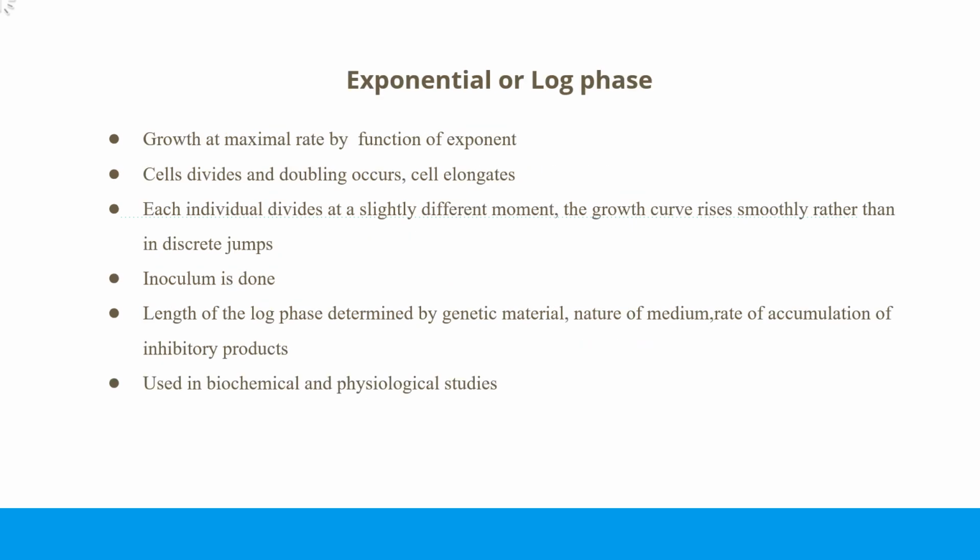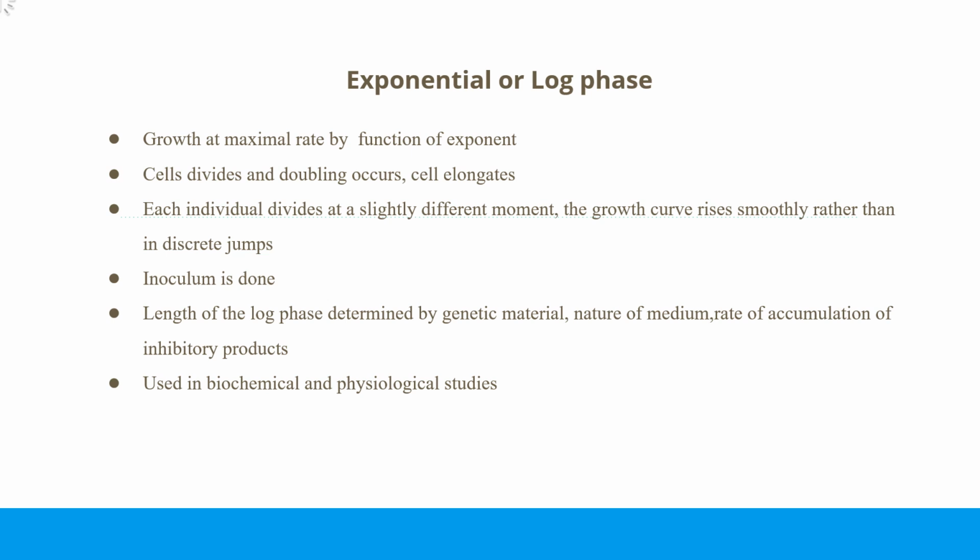Log phase. During the exponential or log phase, microorganisms are growing and dividing at the maximal rate possible given their genetic potential, the nature of the medium, and the conditions under which they are growing. Their rate of growth is constant during the exponential phase, that is, the microorganisms are dividing and doubling in number at regular intervals.